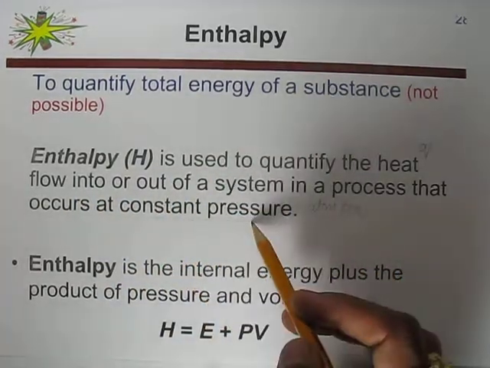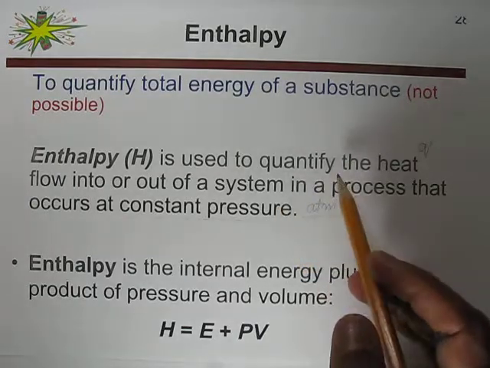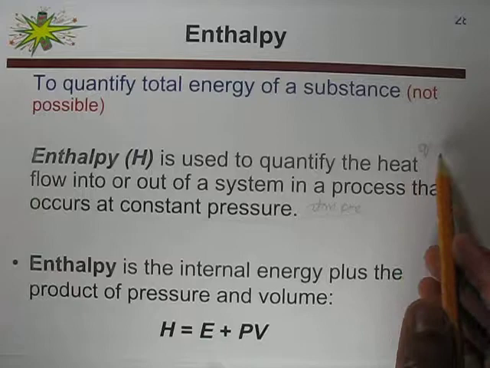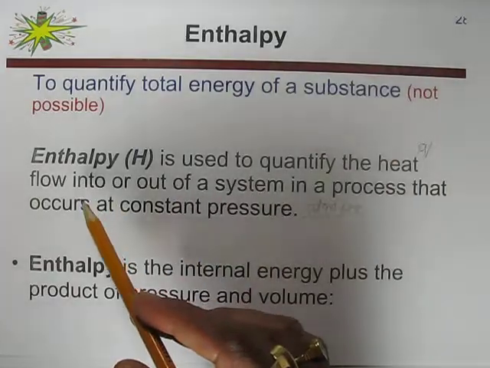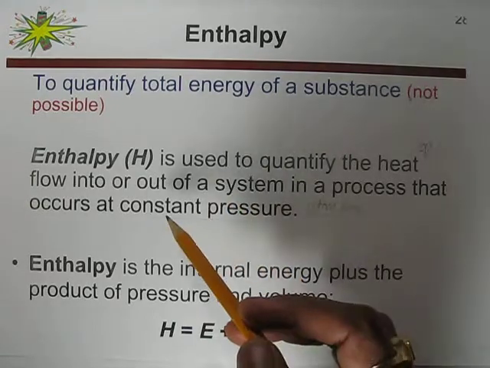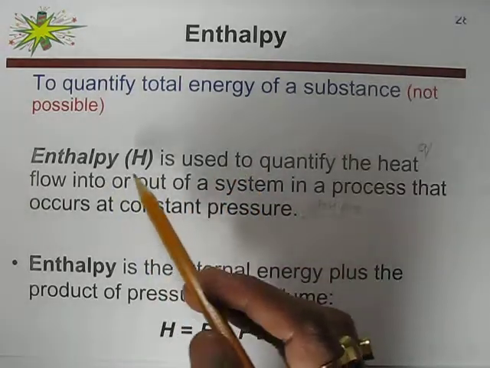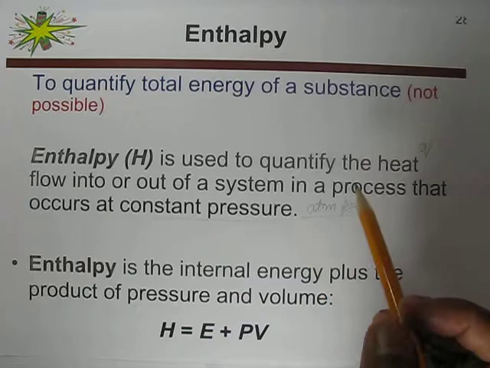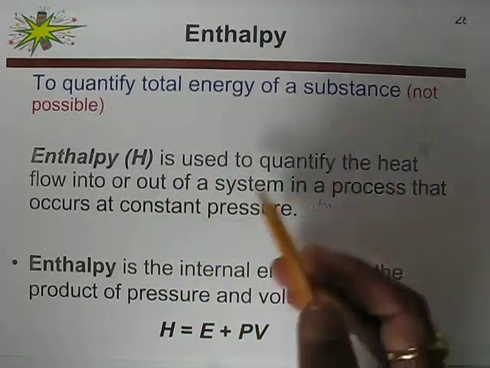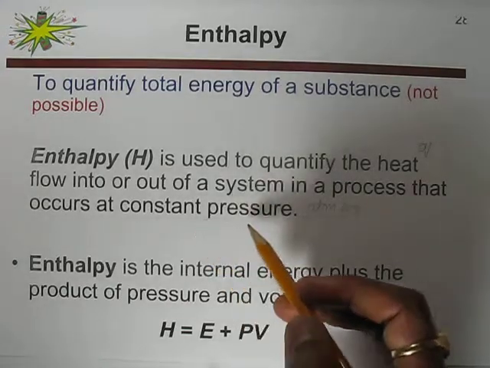So at constant pressure, if any reaction is happening or any system is working, then the quantification of how much heat is flowing inside and how much heat is flowing outside from the system will be equal to enthalpy. So we can also say that enthalpy is equal to heat change at constant pressure.